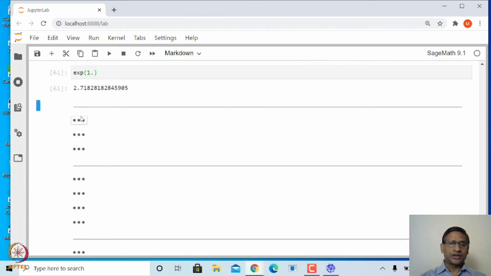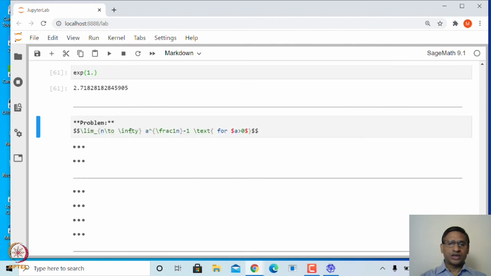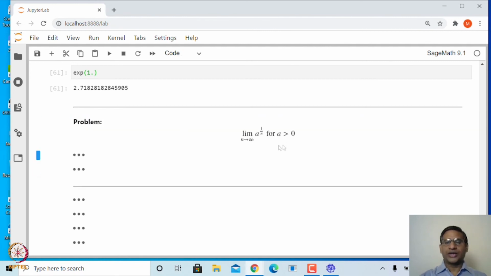Okay. Let us take another example. Suppose you want to explore a sequence, let us say a to the power 1 by n for a positive. So, how do we do that? One way is you can take a particular positive value of a, look at that to the power 1 by n, then plot the graph and find the limit.